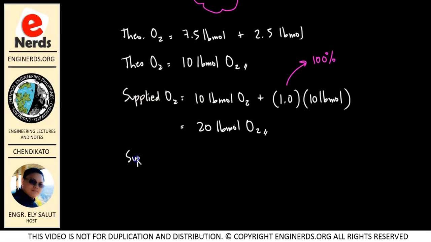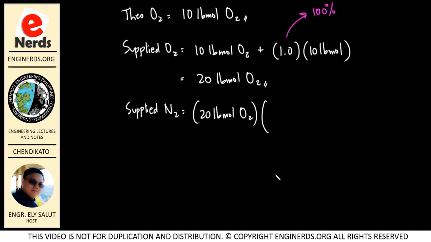So, we have supplied N2 is equal to 20 pound moles ng O2. Then, mumultiply natin siya sa fraction ng nitrogen to oxygen. So, for every 21 pound mole of O2, we have 79 pound mole of N2.